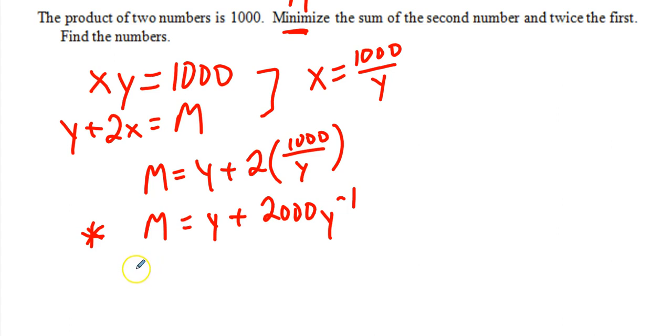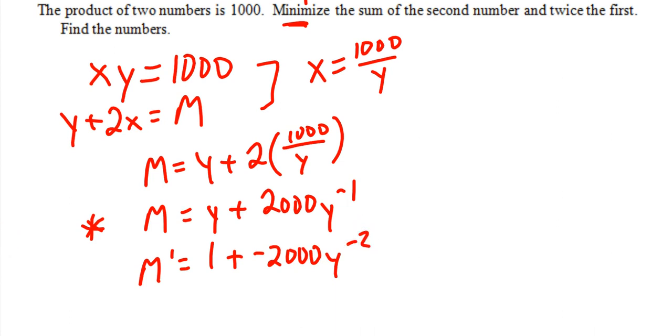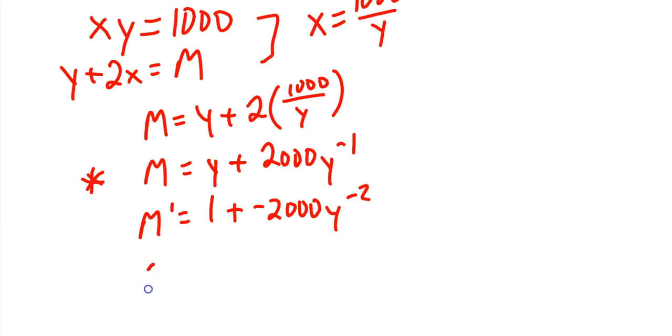So if we take the derivative of our function here, the derivative of y is 1, plus the derivative here, so again power rule, it'll be negative 2,000 y raised to the negative 2. And again, let's think about our first derivative test here. If we set that equal to 0 and we solve, that'll give us our critical numbers.